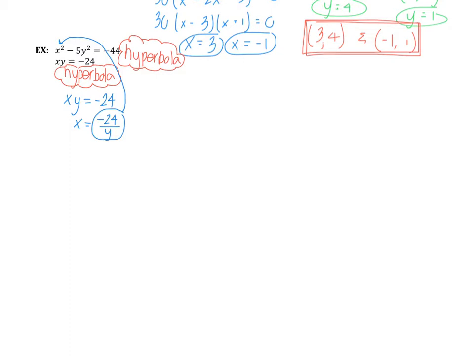So I know this is really negative 24 over y squared, minus 5y squared equals negative 44. Really 576 over y squared. Again, I'm showing a lot of steps. You don't have to show all these if you don't want.